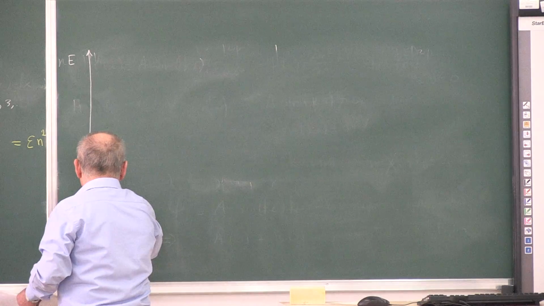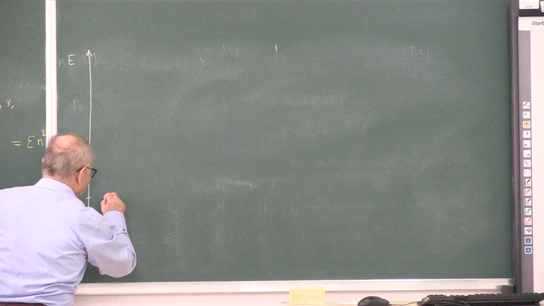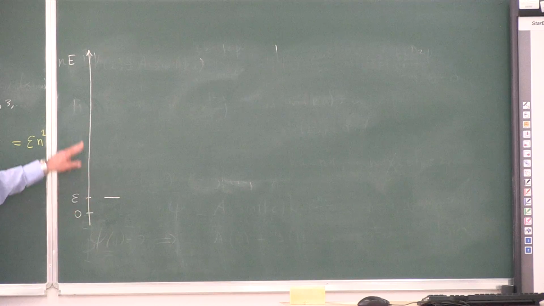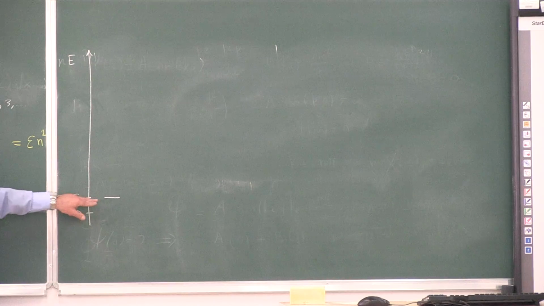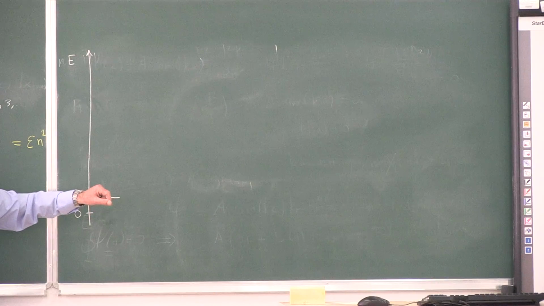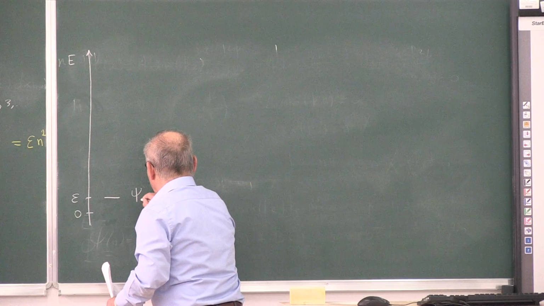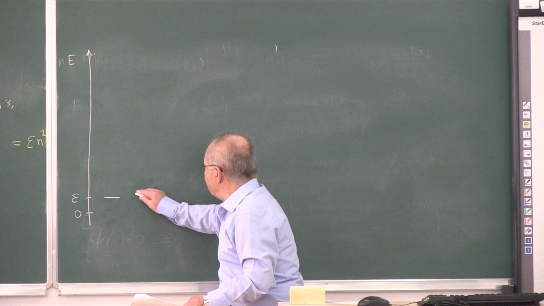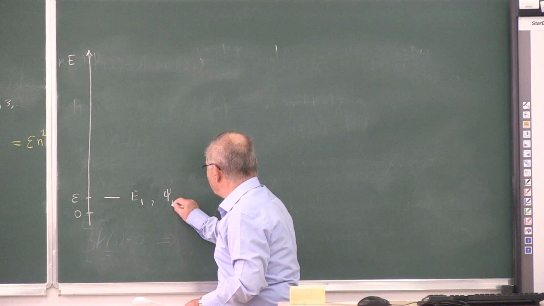So I mark on the vertical axis the numerical value of the energy, and next to it I draw a dash. This dash indicates the state. So here we have psi 1. Or let us write E1, and there is a corresponding psi 1.